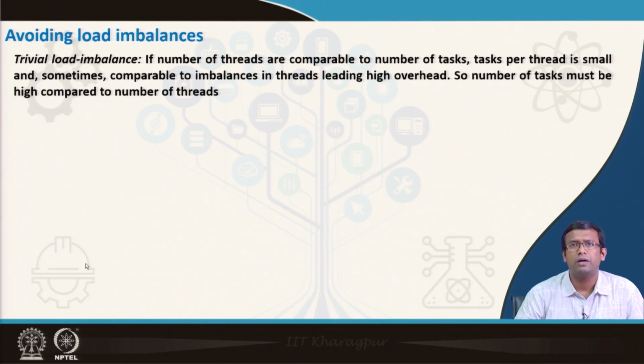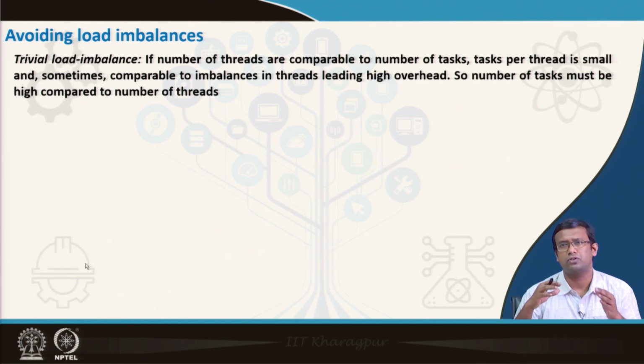If you do not have a large number of tasks compared to the number of threads, the task per thread is small, and sometimes it is comparable to the imbalance between the threads. Therefore, the latency and overhead will be high compared with the computational time. A thread is doing 1 unit of task, and it is waiting for another unit, which is bad.